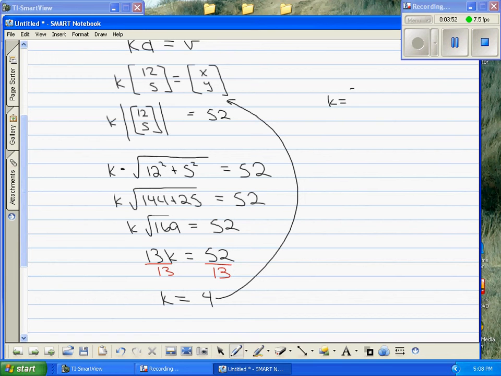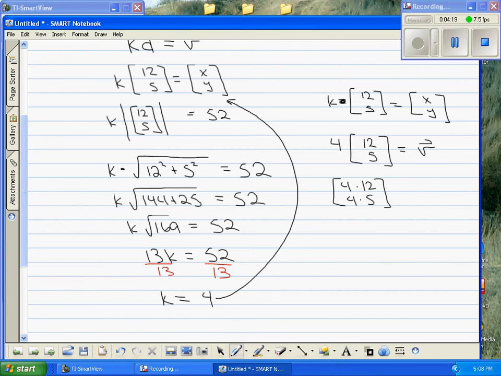K times (12, 5) is equal to (x, y). Plug in 4 for k. 4 times (12, 5) will equal my velocity vector. 4 times 12, 4 times 5.